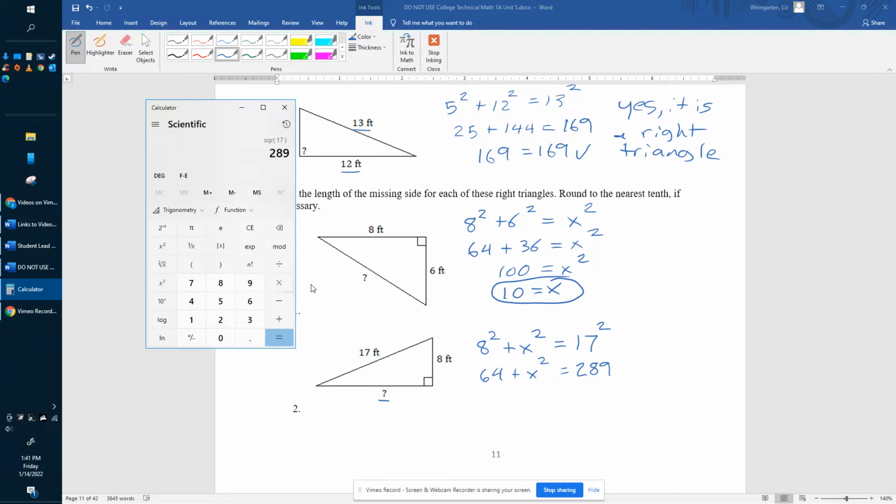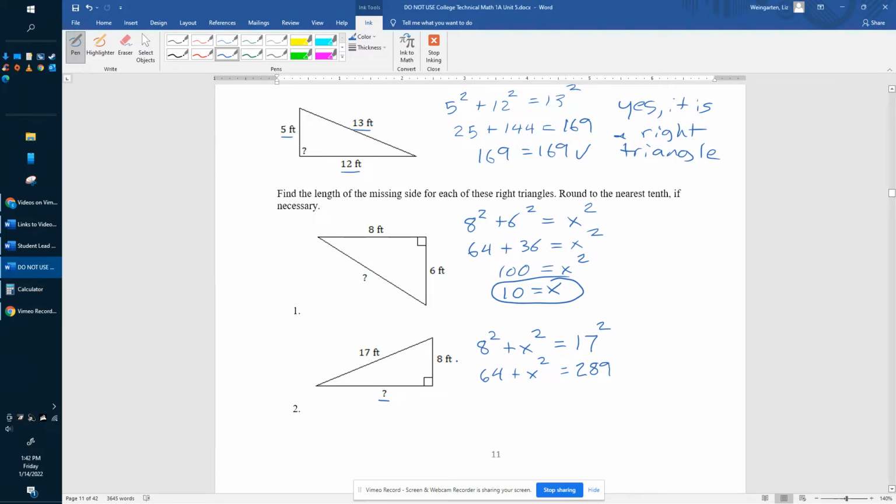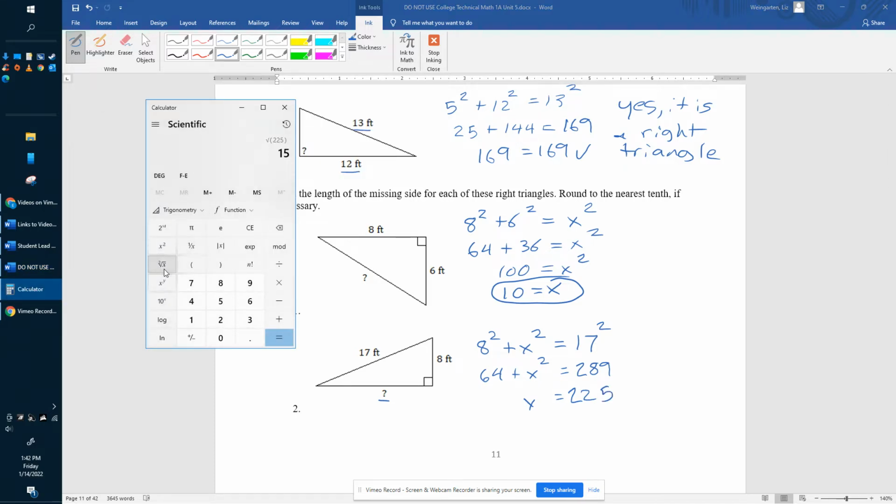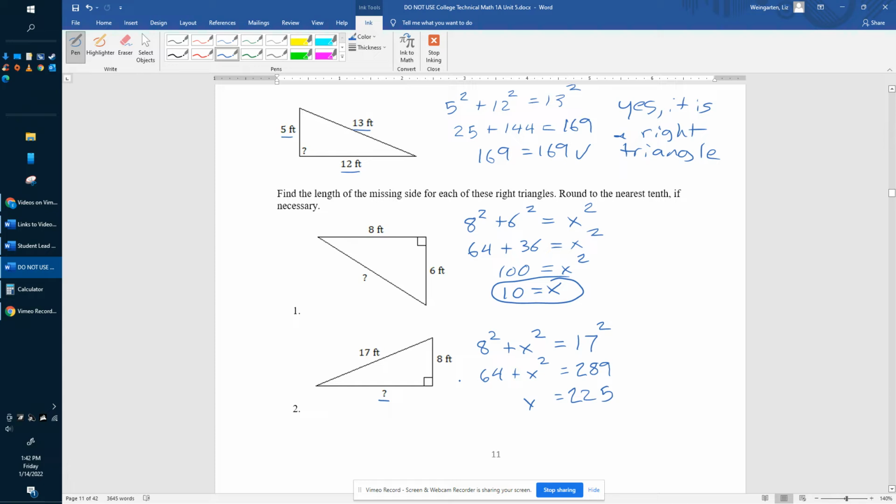Let's subtract. Minus 64 equals 225. We'll take the square root of that and get 15. So x is equal to 15.